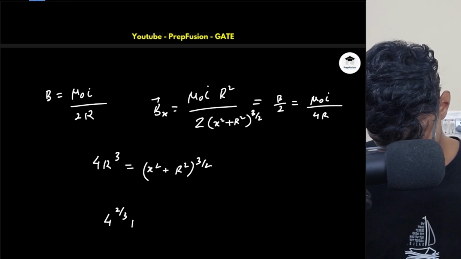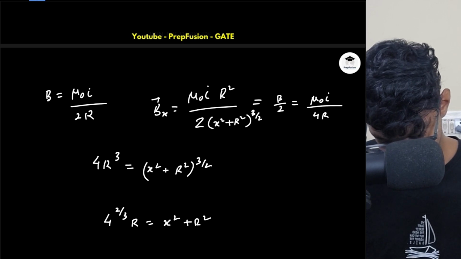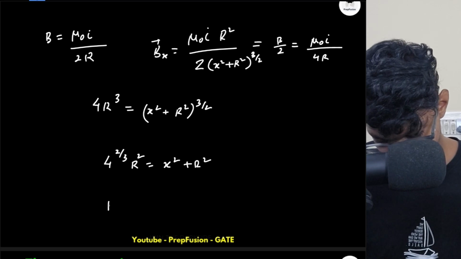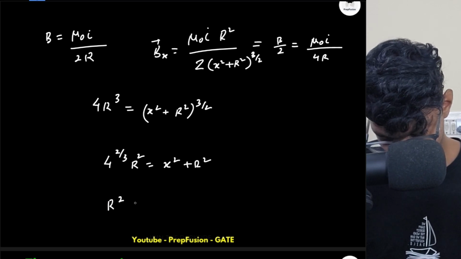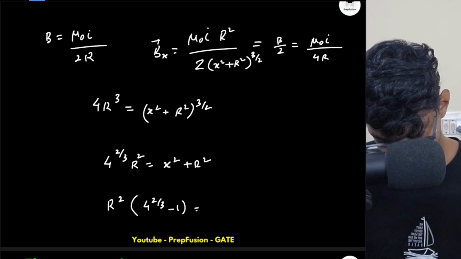This will be 2 to the power 2 by 3 r equals x square plus r square, so r square times (2 to the power 2 by 3 minus 1) equals x square.